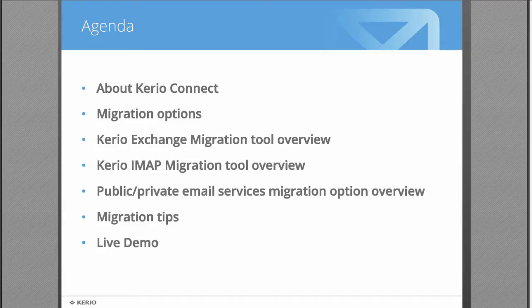What we'll be doing today, before jumping into the migration, we will look very quickly at Kerio Connect, as some of you might not know everything, but it will be very brief.